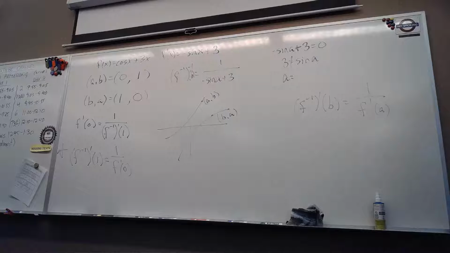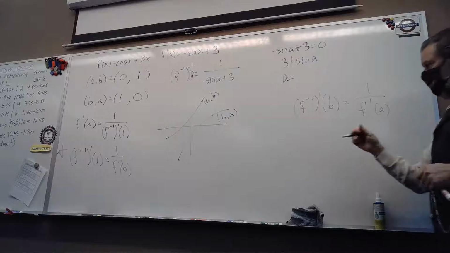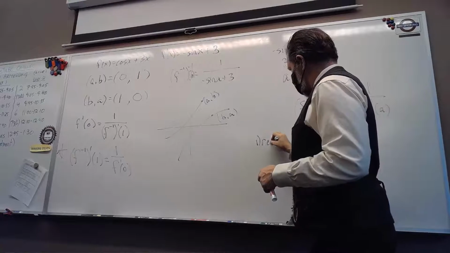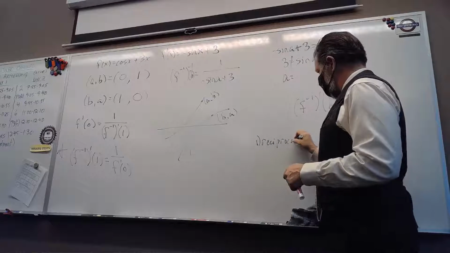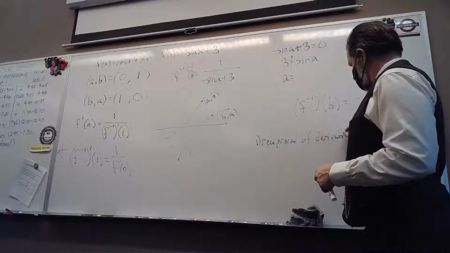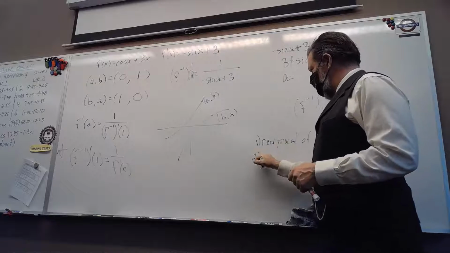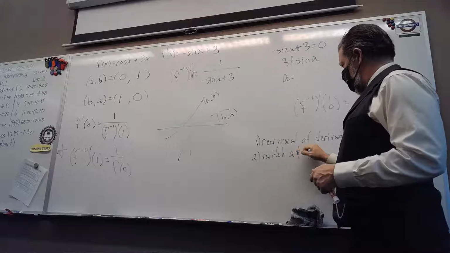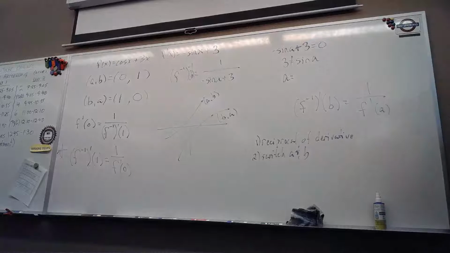Part one, reciprocal of derivative, and part two, switch A and B. Do those two things, this becomes a much easier problem if you think of it that way. Cool?